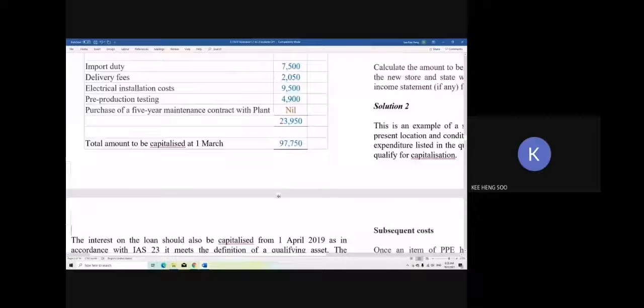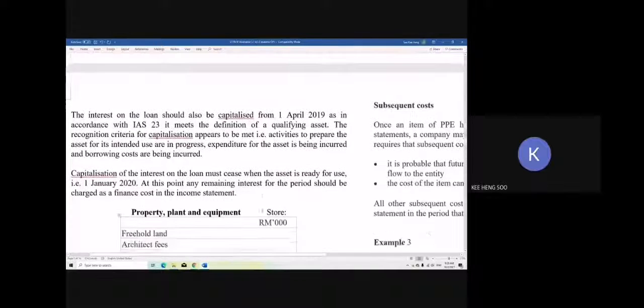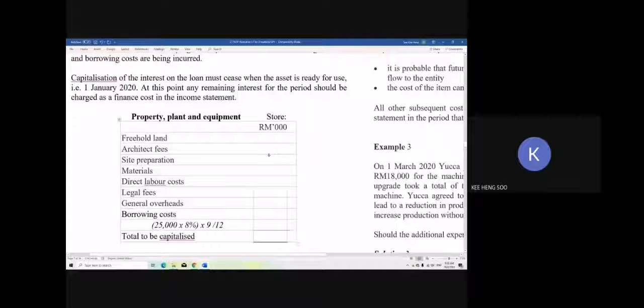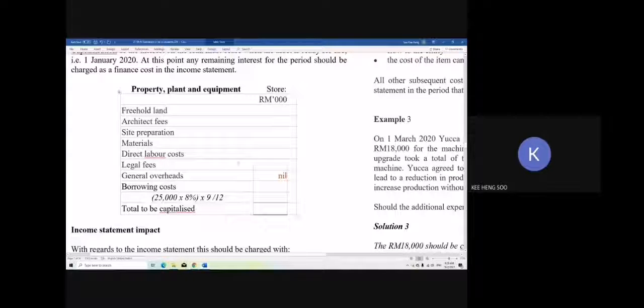Interest also should be in. Can you see that? So this one you put NIL. So the rest all copy only. Are you okay? No need to show answer. So please do something. Do something and then ask.